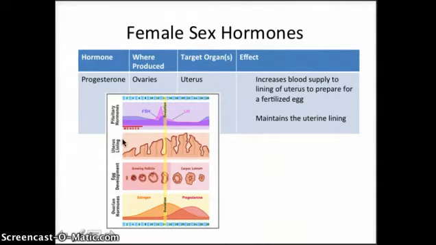If we look at what happens to the uterus lining, what do we see happening to the uterine lining throughout a woman's cycle? We see that it is increasing. And the reason it's increasing is it's preparing for a fertilized egg that can be then embedded in the uterine wall. Throughout the egg development, again, we see the follicle growing and growing until it will be released at ovulation.